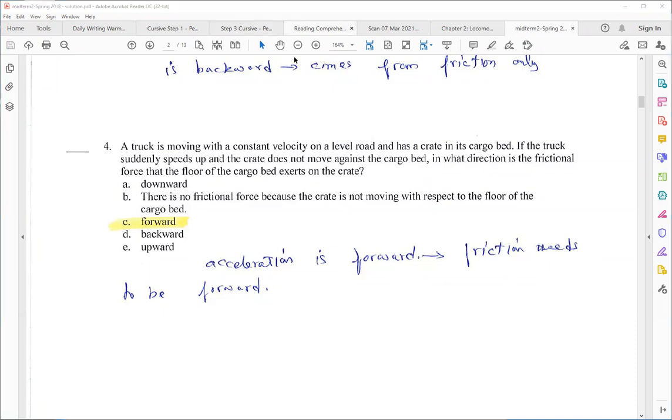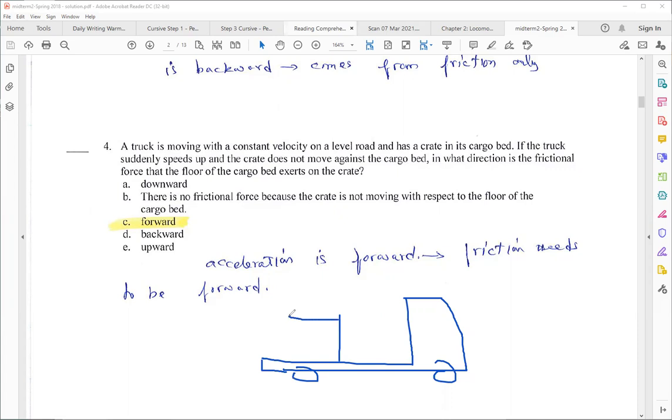So let me then go back to this question. We said, Fatima, we have a truck like this. So this is your truck, and this is the crate on top.